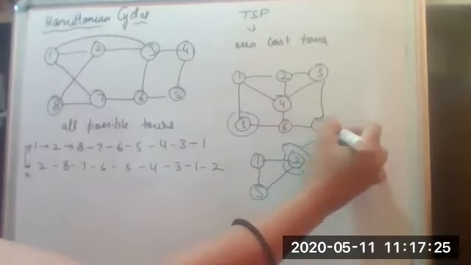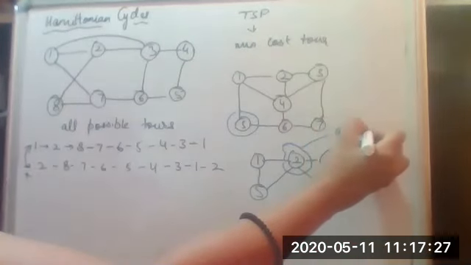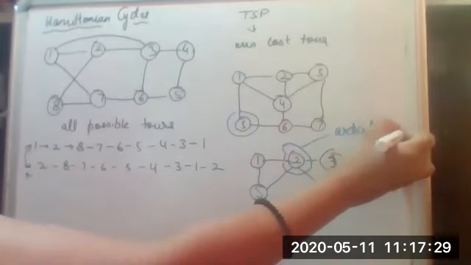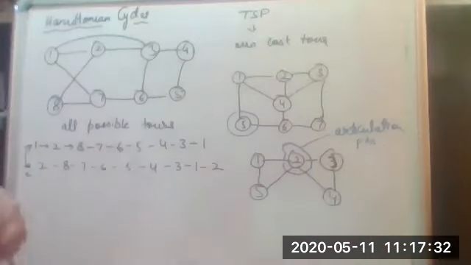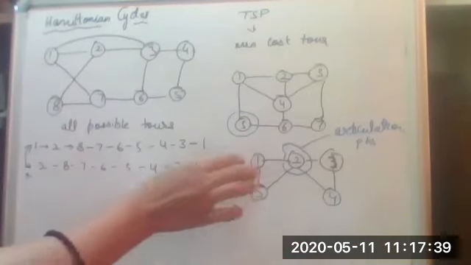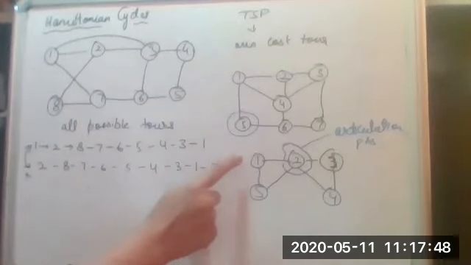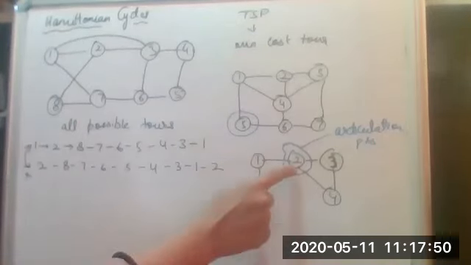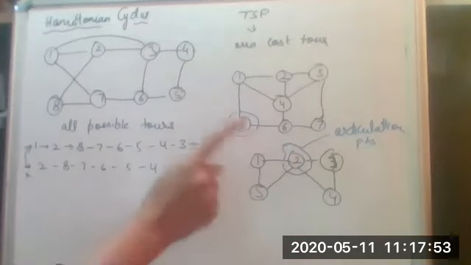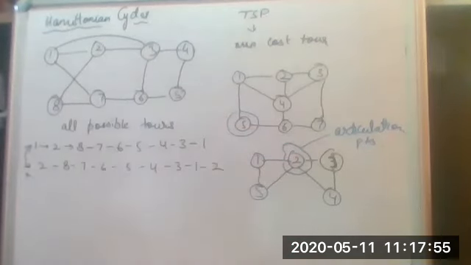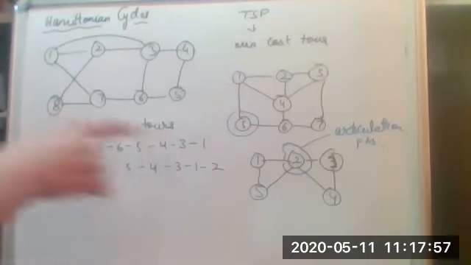So those vertices are called articulation points. And whenever we have articulation points which join disconnected parts, no cycle is possible, because we said a cycle or a tour is possible if we start from a source vertex, traverse each vertex only once, and reach back to the source vertex. Fine. So this is one.